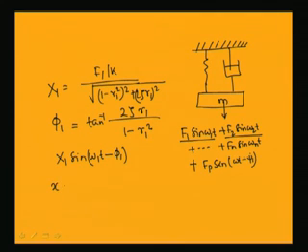I can write x equal to x1 plus x2 plus x3 plus xn, where x1 equal to capital X1 sin omega 1 t minus phi 1. Similarly, x2 will be equal to capital X2 sin omega 2 t minus phi 2, and xn equal to capital Xn sin omega n t minus phi n.